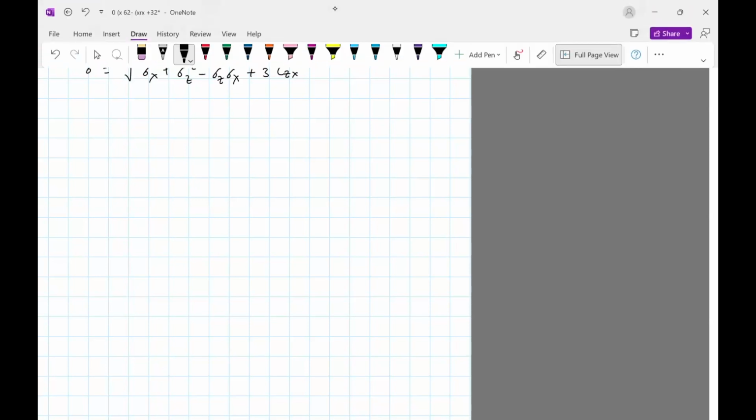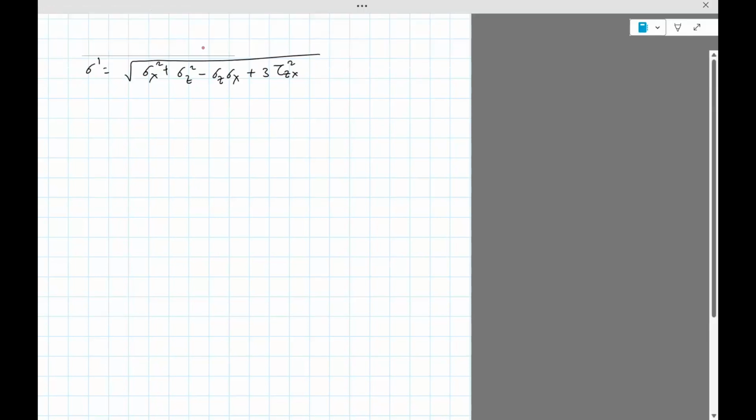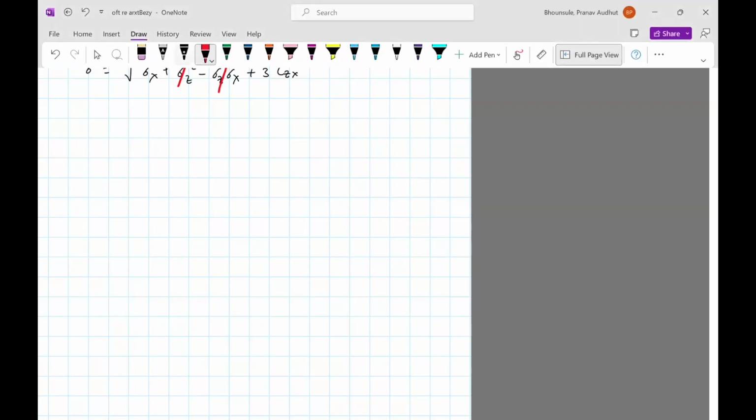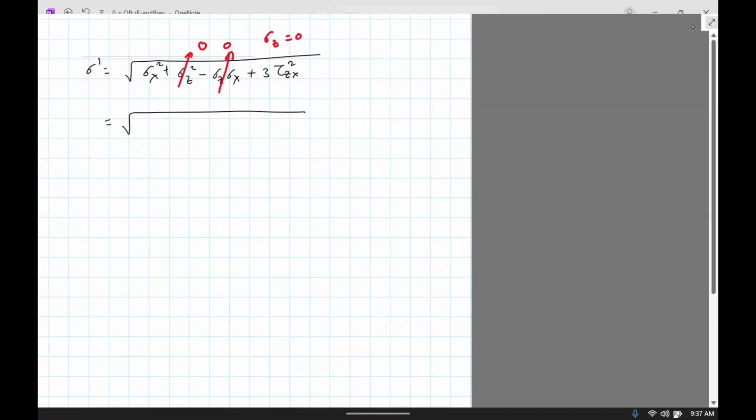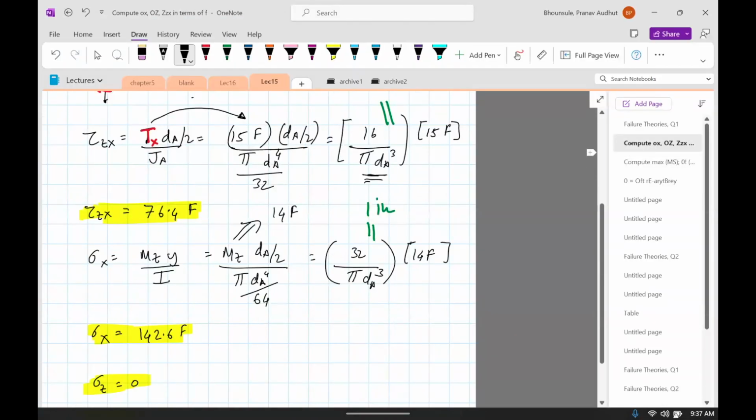Clearly the stress sigma z is 0, so that term is 0, and sigma z times sigma x will be 0 because sigma z is 0. So we are left with sigma x and tau zx. Sigma x was computed in step number 1 right here. Sigma x was 142.6 and tau zx was 76.4.